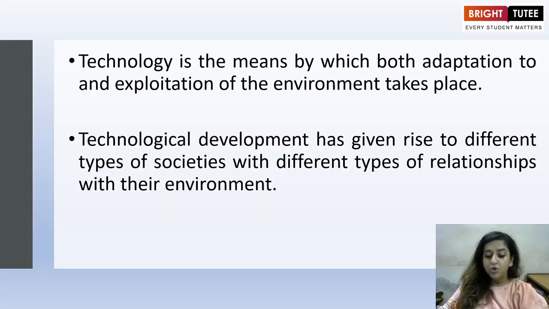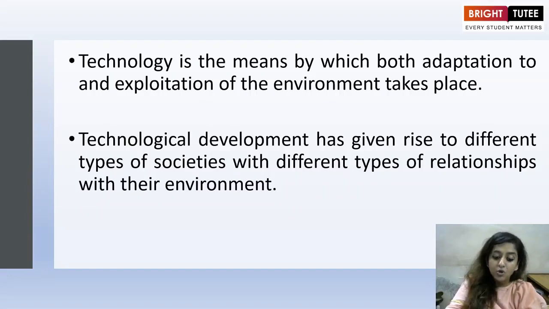However, here also technology plays a very important role. Technology is the means by which both adaptation and exploitation of the environment take place. When I talked about air conditioning in your rooms, that is how you are able to beat the climate outside, by the usage of technology.